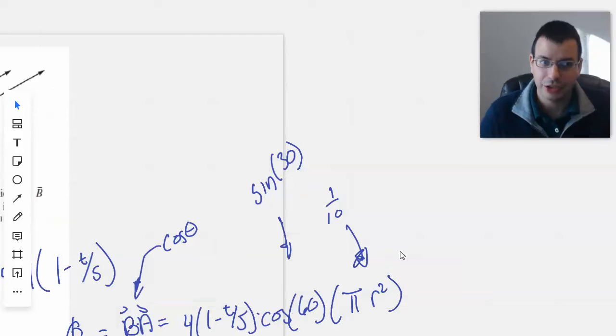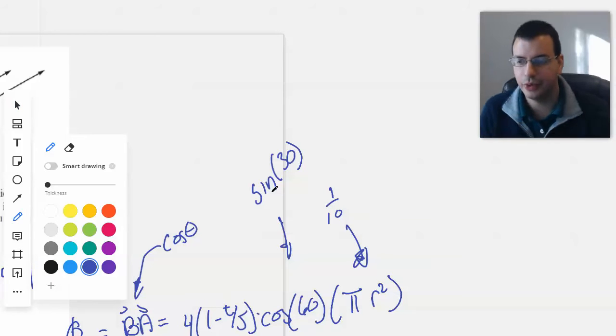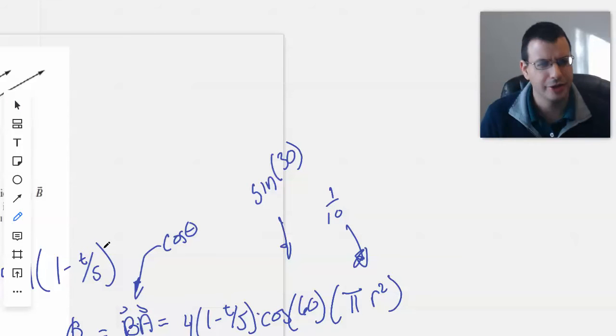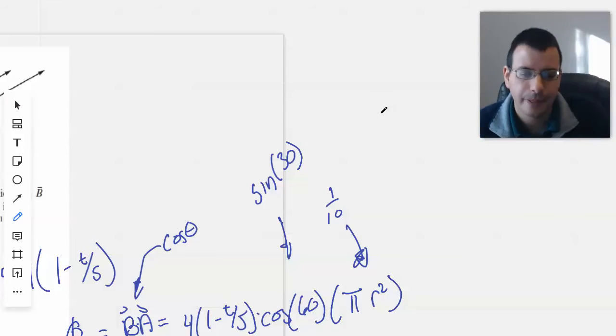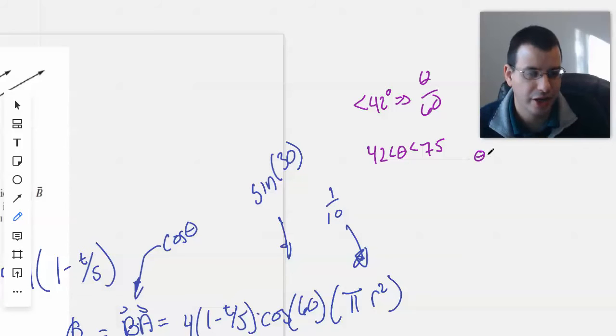You should not actually use these in real life. Well, no, you should use them in real life. You shouldn't use them on tests, especially when you have a calculator. So basically, if you're less than 42 degrees, then you just divide by 60. If it's between 42 and 75, then you do theta plus 25 divided by 100.